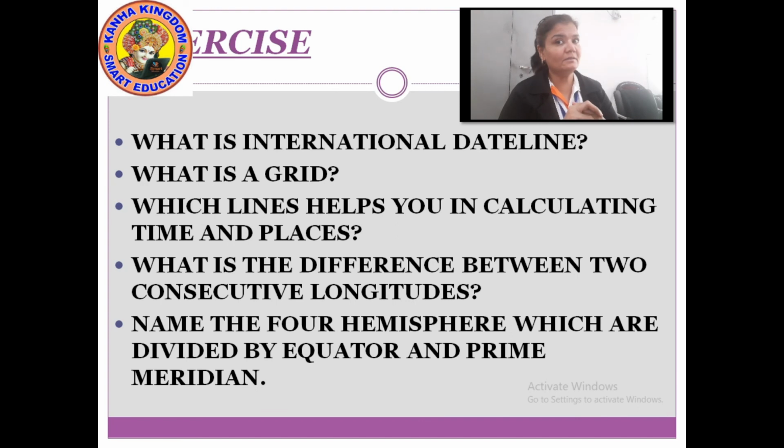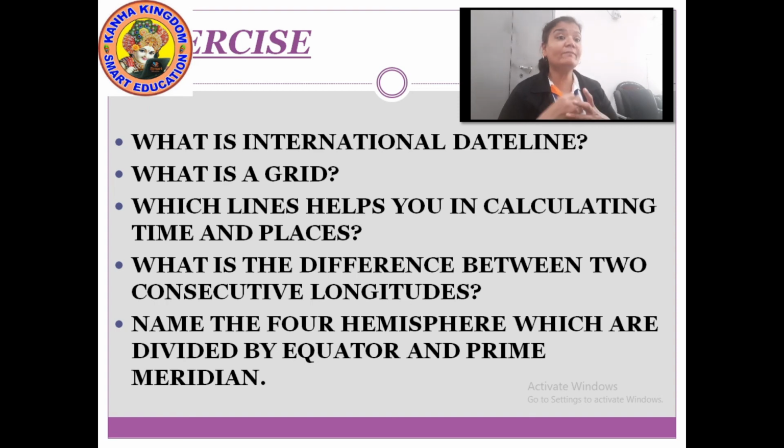It is the latitude. Now, what is the difference between two consecutive longitudes? 4 minutes. The difference between two consecutive longitudes is 4 minutes.